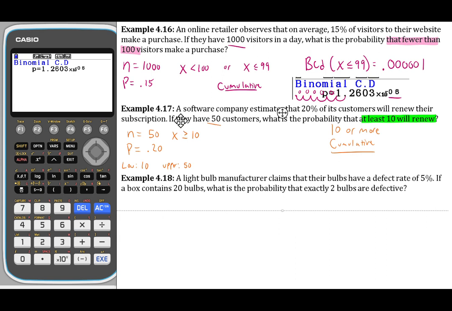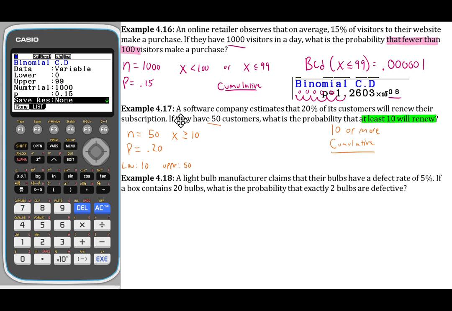All right. So press exit from the previous screen, and we can just jump right to it. Again, from the stats window, hit F5, F5, and then F2 to pull up the binomial CDF. So our lower value will be 10. Our upper value will be 50.